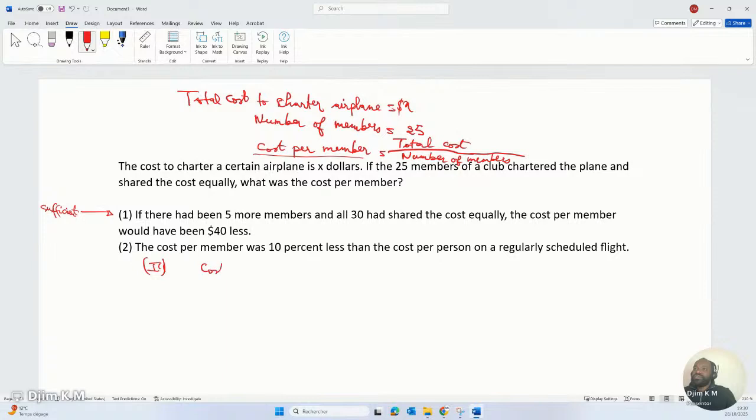So cost per member is 10% less than the cost per person on a regular flight.